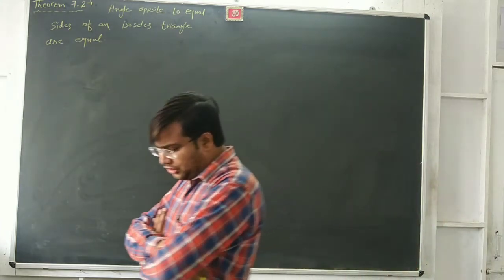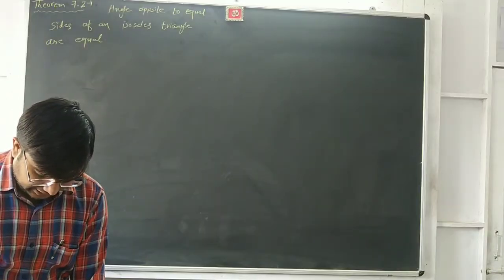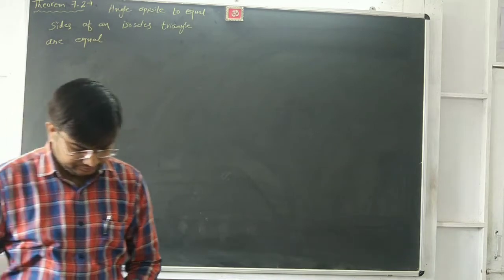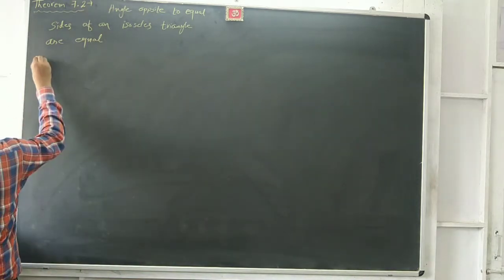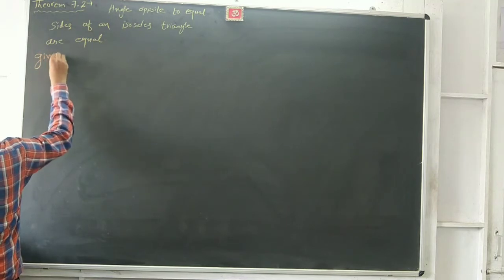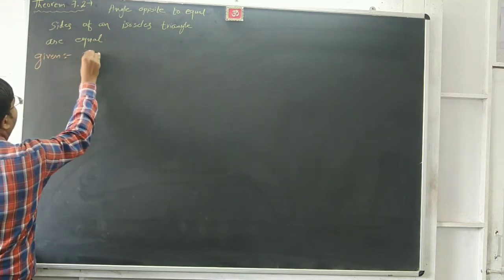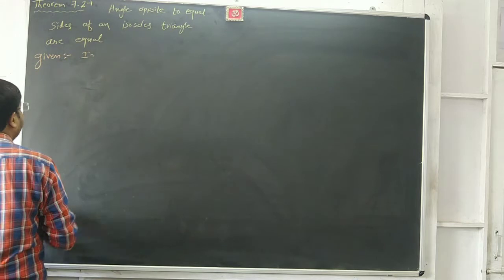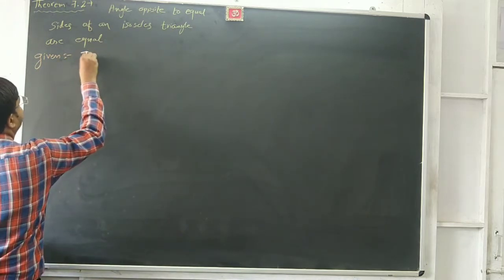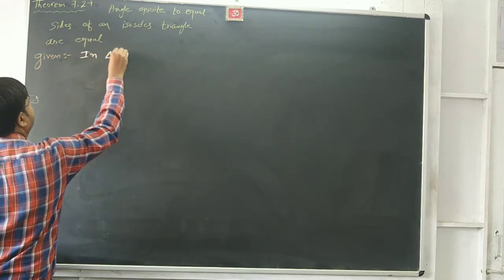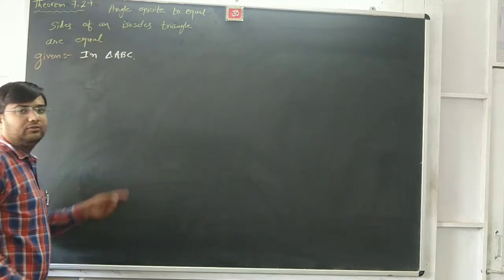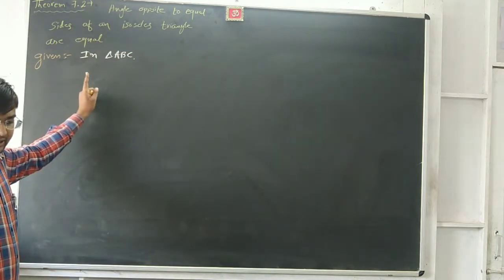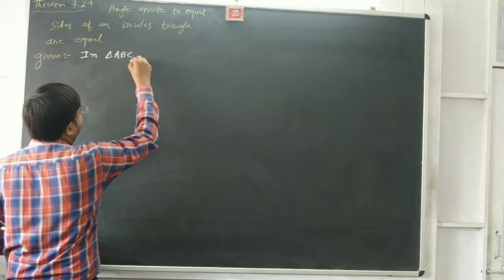Okay, first of all we have to write what is given. In triangle ABC, AB is equal to AC.